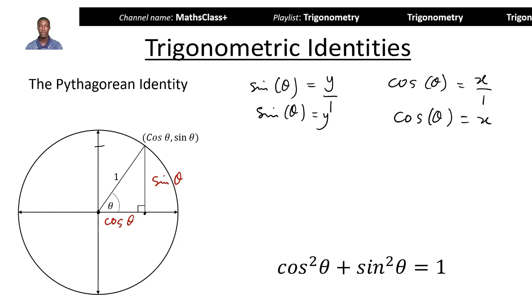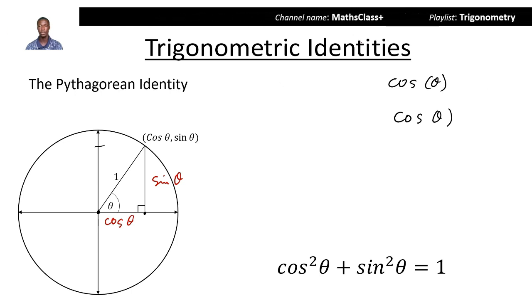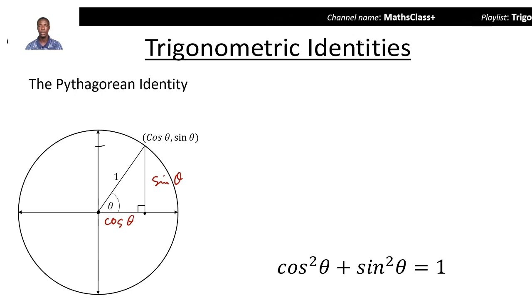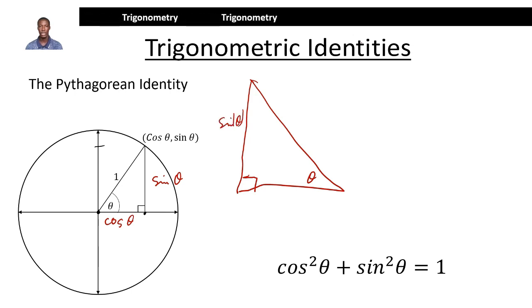That said, if I tease out the triangle like this, it's a right angle, and I have my angle theta here. So this side is sine theta, this side is cosine theta, and this one is 1 unit.